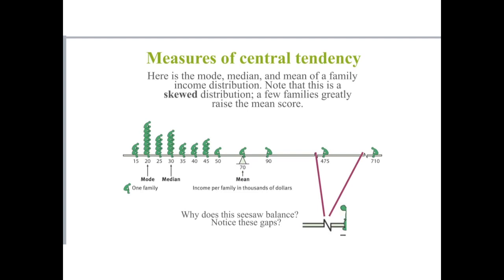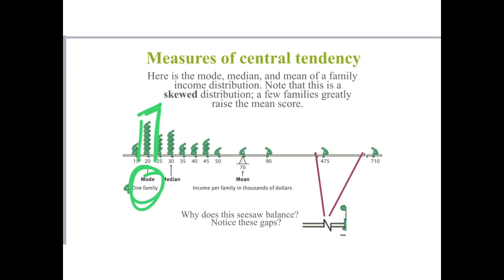If you're looking at the average family income, our mode is going to be $20,000, because here you have the mode, this has the most people. That's our mode.